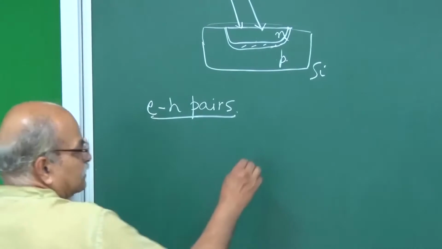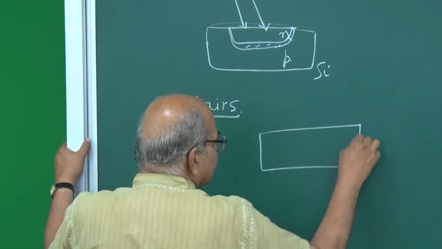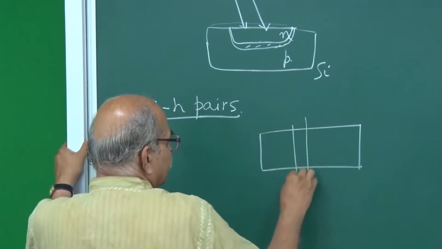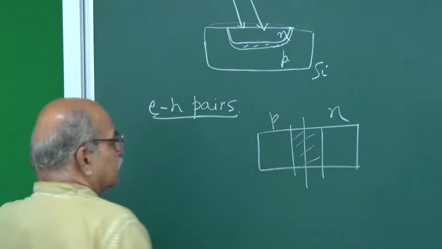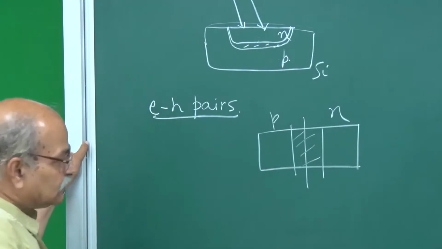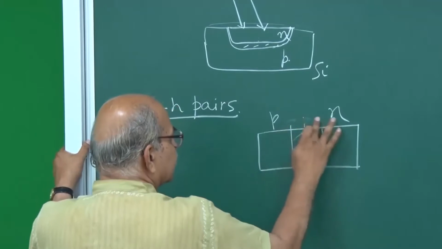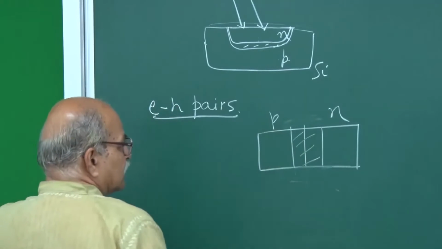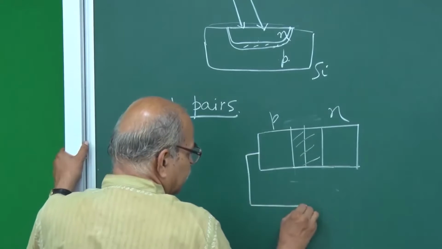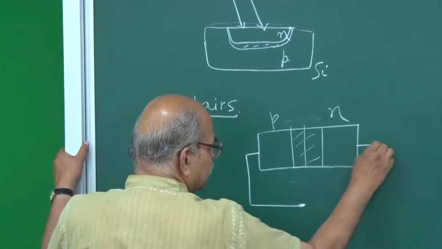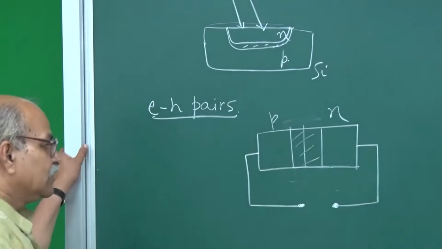So let us draw our typical diagram that we had been drawing for the PN junction: P side, N side, and depletion layer. So you have the internal voltage, potential barrier, and all those things, and let us say we just keep it open, nothing added to it.